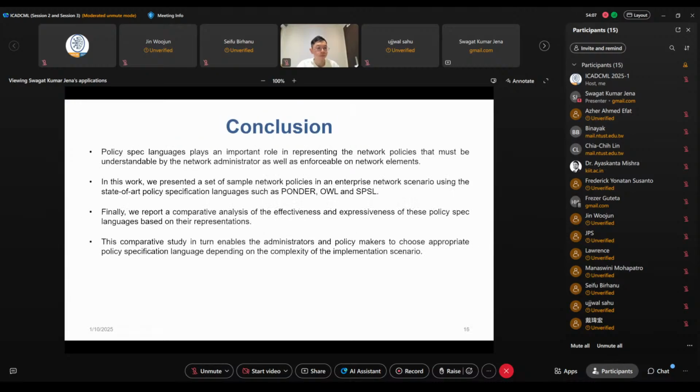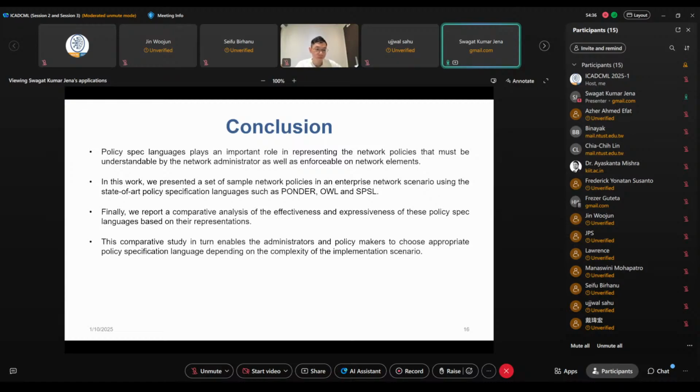So as a conclusion, as we know, a policy specification language plays an important role in representing network policies that must be understandable by the network administrator or policymakers, as well as enforceable in the network elements. In this work, we presented a set of sample network policies in an enterprise network, with state-of-the-art policy specification languages such as Ponder, OWL, and SPSL.